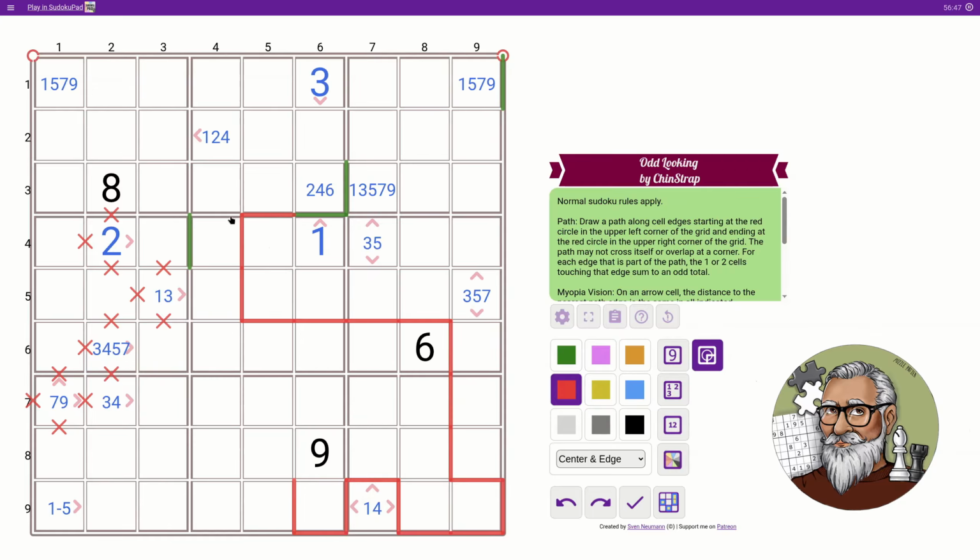I think this is obligatory. Because if I connect it there, then this would have to go back there, and that's not allowed. Okay, right. These two are obligatory.